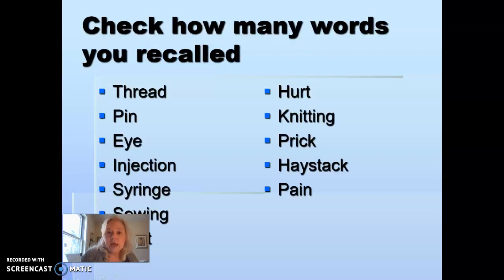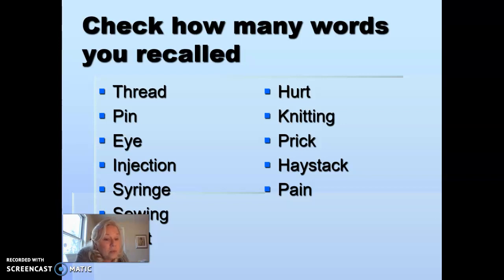Okay, now go ahead and take a look at how many of the words you got correct from this memory test. Here are the words that I said. If you're like most people, like we learned yesterday, we have a short-term memory capacity of 7 plus or minus 2 items, and you probably got 7 plus or minus 2.